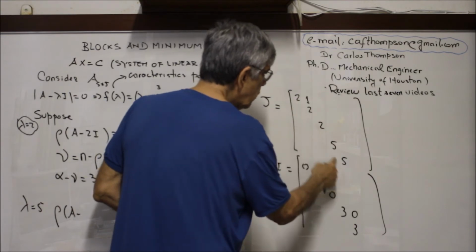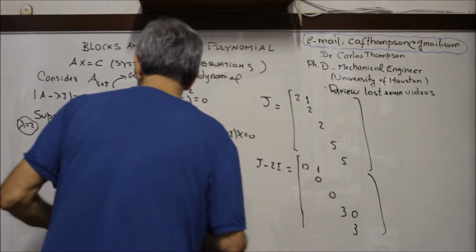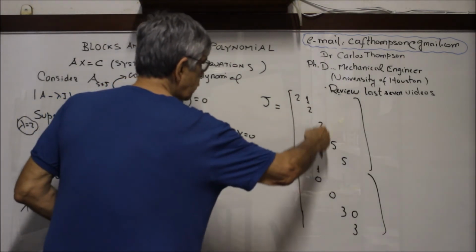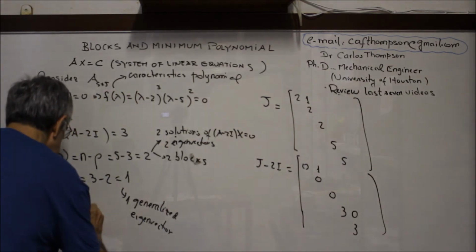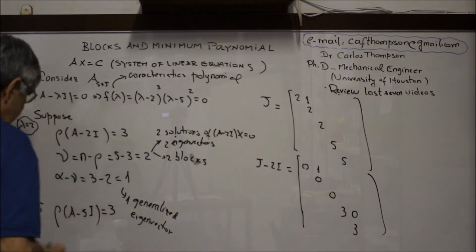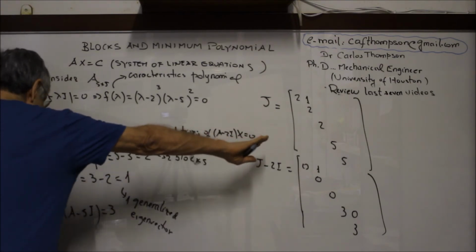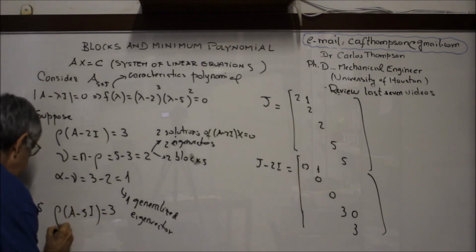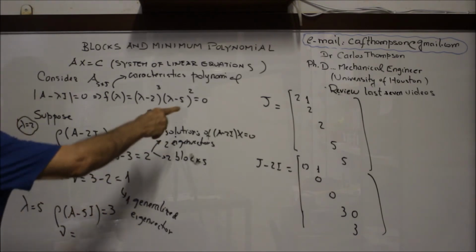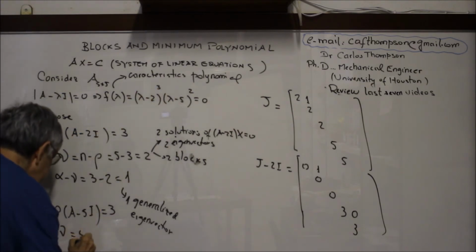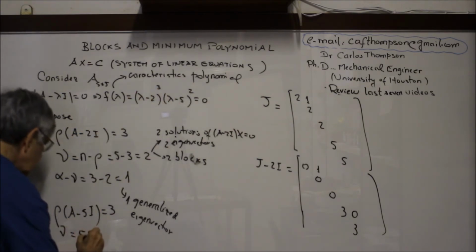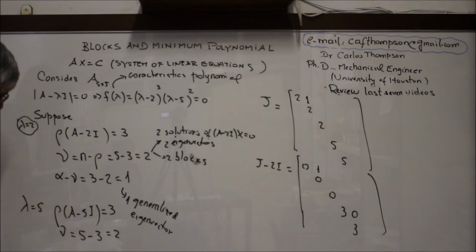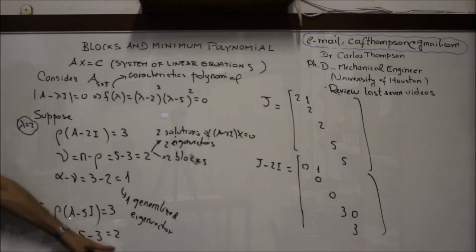So my rank here is 3, I'm just guessing here. Now, N is 5, minus rho is 3, this is 2. Then I have two solutions here.